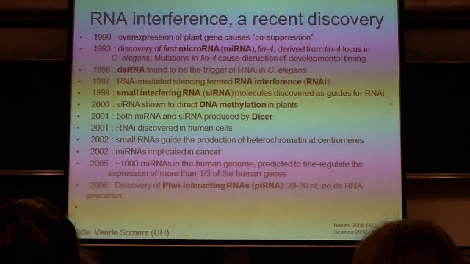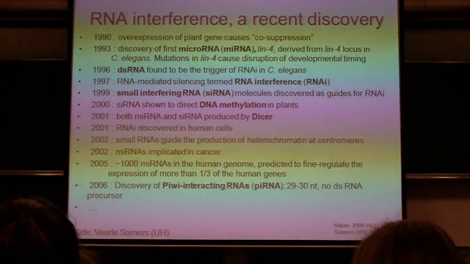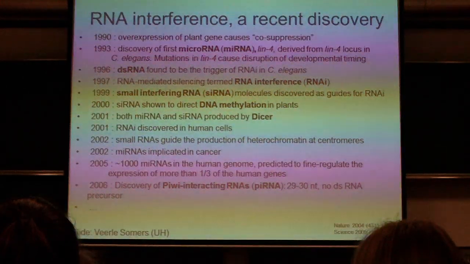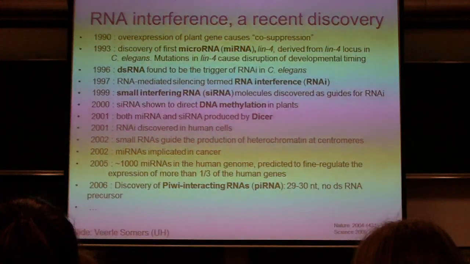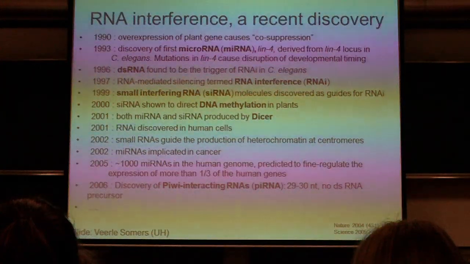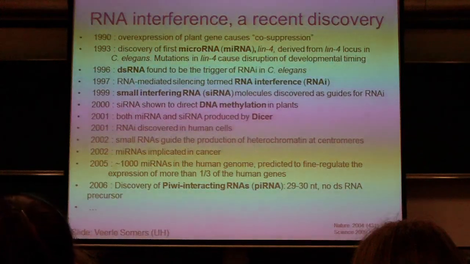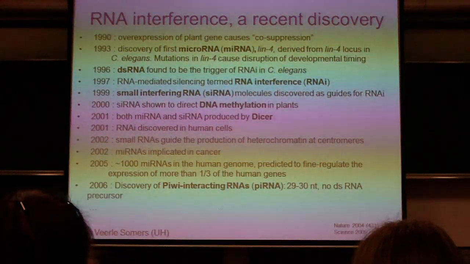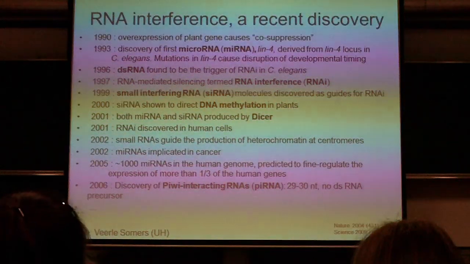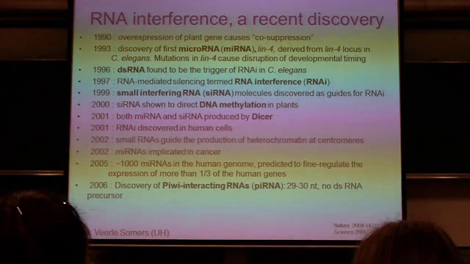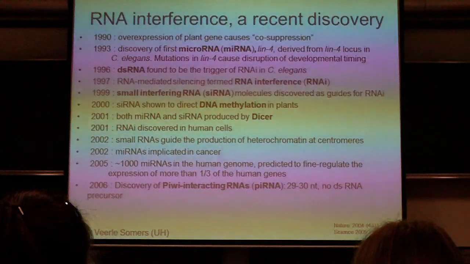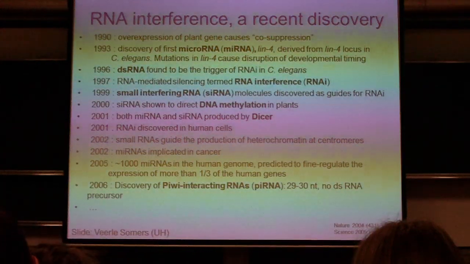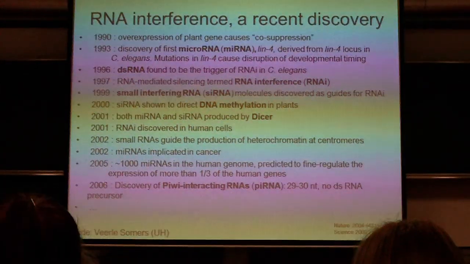It's a very recent discovery. You will probably also have read it in my handouts that I already put online or will do. In the 1990s, the discovery of microRNAs was actually the first discovery of small RNA molecules that play quite a central role in the regulation of gene expression.